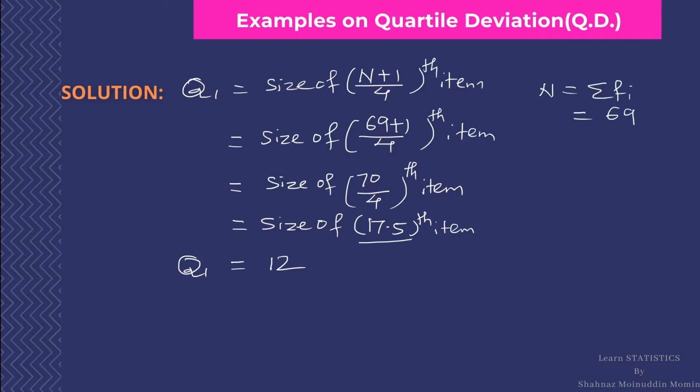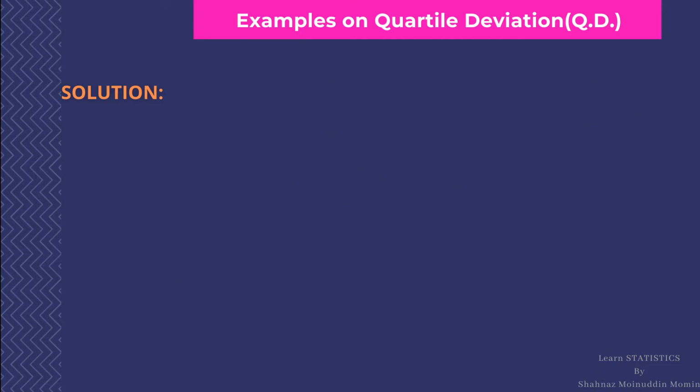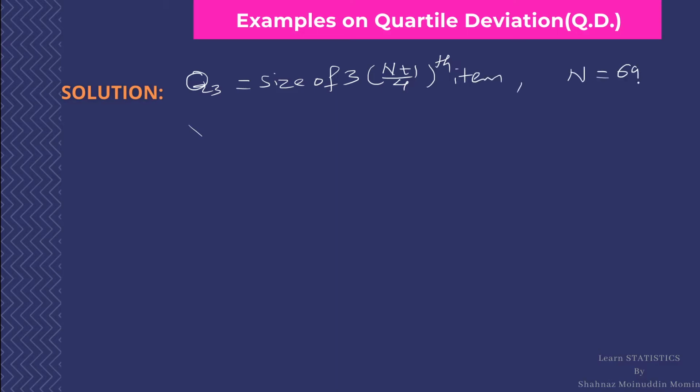Now we will obtain the third quartile. Q3 is equal to size of 3 into (n plus 1) upon 4th item. Here n is 69, which we have already obtained.